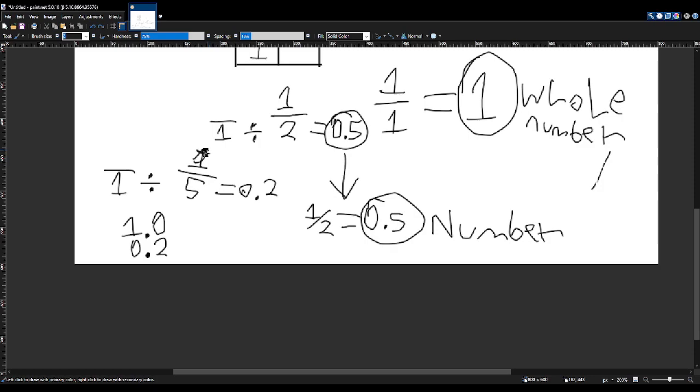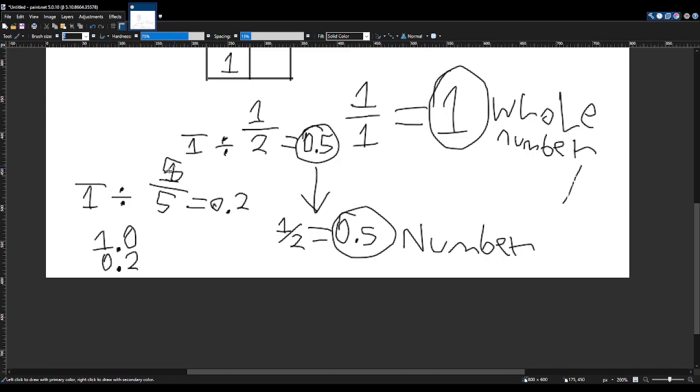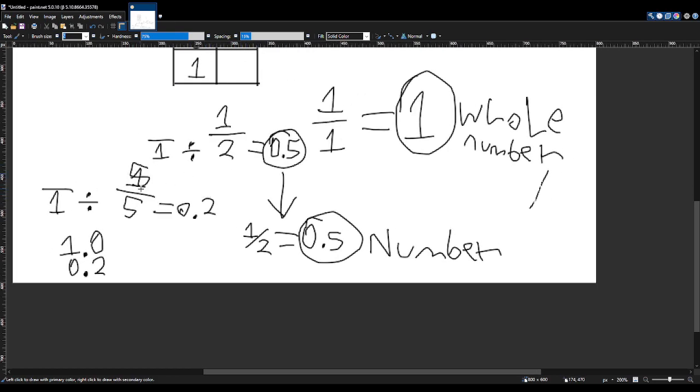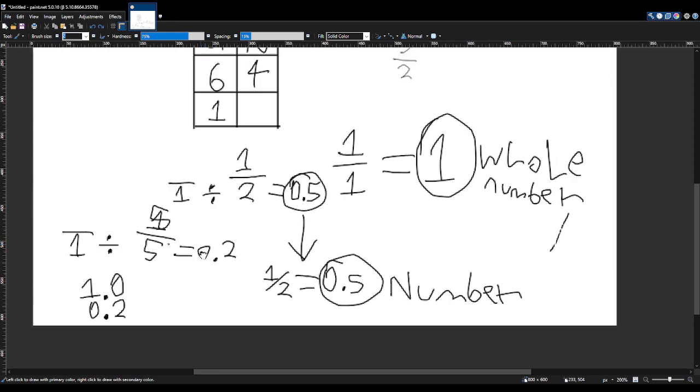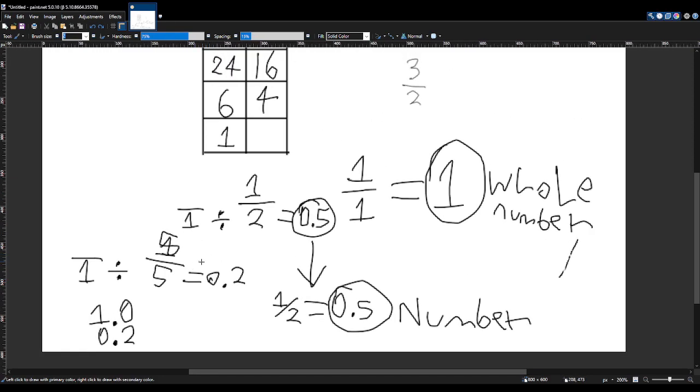But if it was 3/5, you're going to have to multiply this by the numerator. You multiply the number by the numerator to get what the fraction actually means.